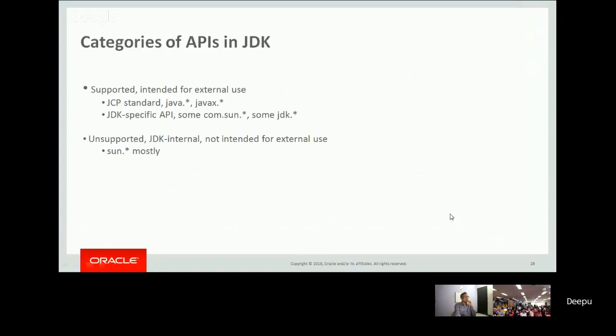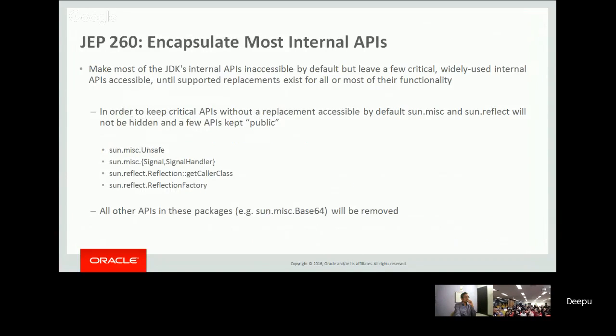Using this, you can run on your libraries and on your application to understand whether you have any internal API dependency. The basic culprits are sun.misc.Unsafe and all those things that people would have used, which are not supposed to be used. Thankfully, with Jigsaw, we can actually control this. Till now, we didn't have an option.